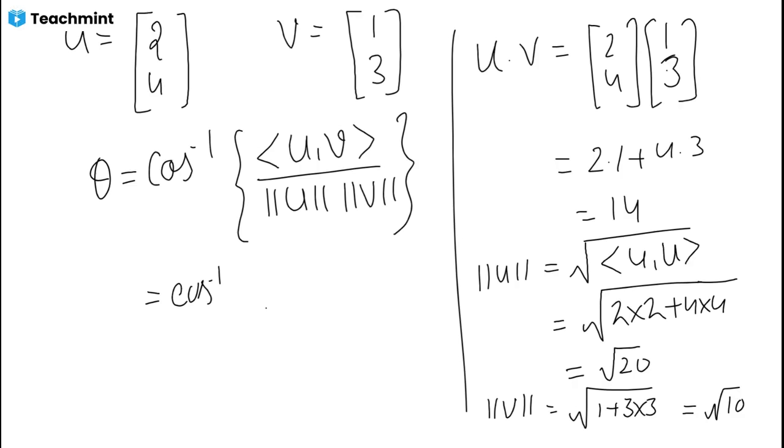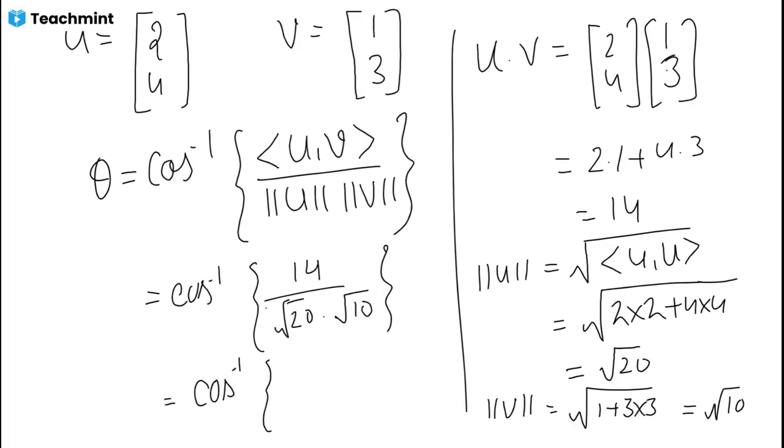Ma'am, so I got cos inverse of 7 root 2 by 10. Okay, so here we have 14 and you have root 20 into root 10. So cos inverse, you have 14 and you'll have 10 outside and here root 2. Are you getting this?